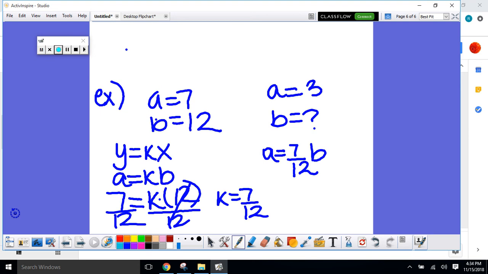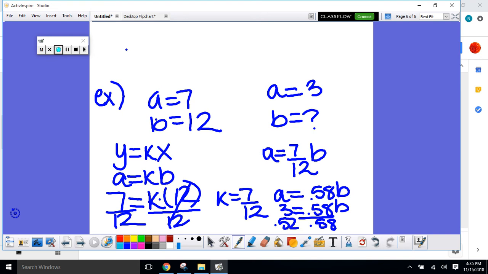Alright, I'm sorry about that again. Apparently they have so many announcements after school. Anyway, so A equals, I turned that into a decimal, 0.58 B. If they're telling me A equals 3 and I need to solve for B, then I'm going to divide.